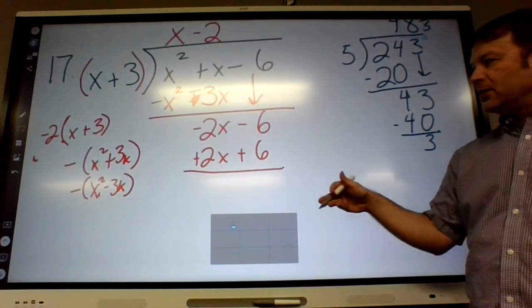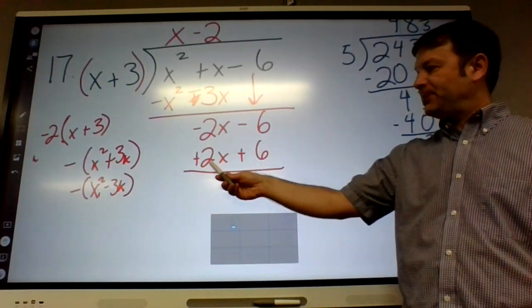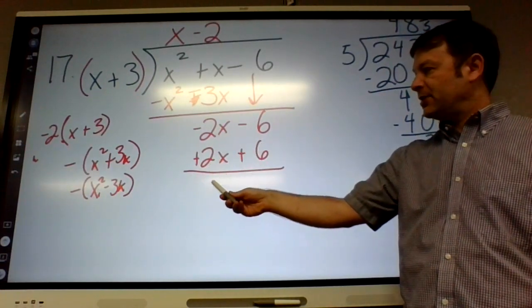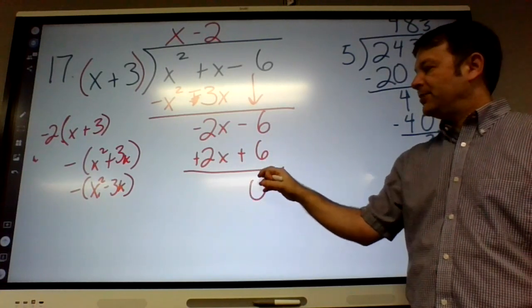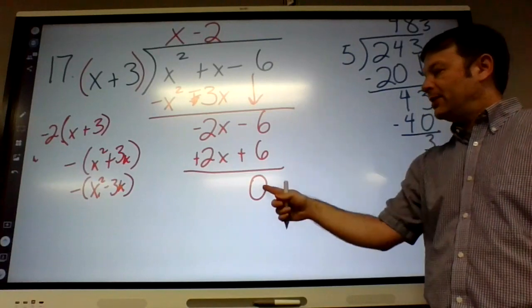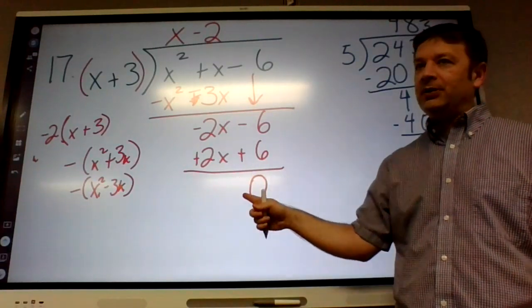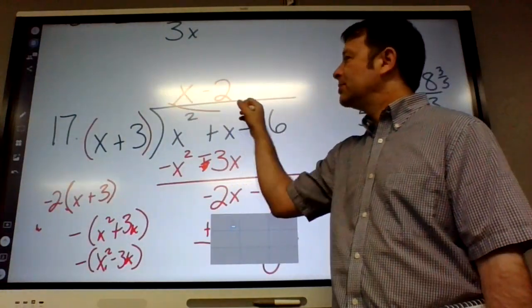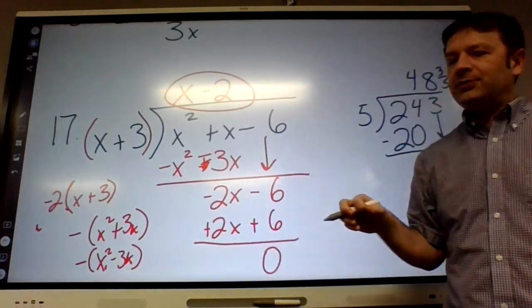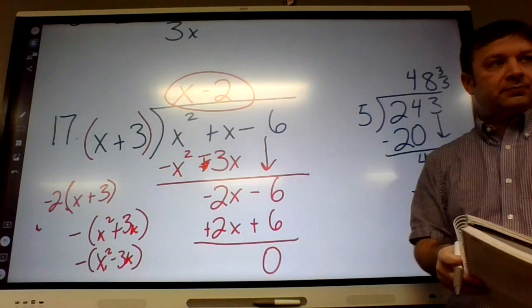Negative 2x plus 2x, gone. Negative 6 plus 6, gone. So that means there's nothing left to bring down. This means there's no remainder. So the answer is x minus 2.